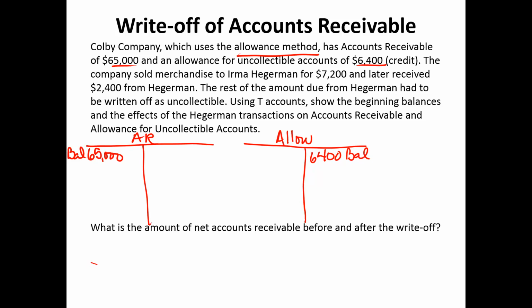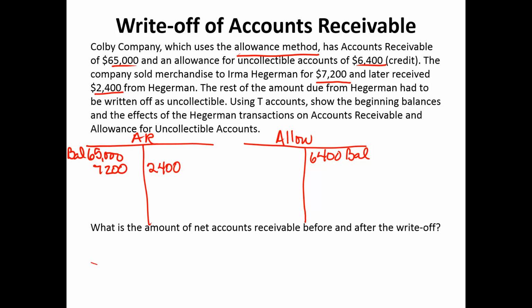We then make a sale to Irma Hegerman for $7,200, and we know when we make a sale we're going to debit accounts receivable $7,200 and credit sales. And then we later received $2,400 from Hegerman, which means we're going to debit cash and credit accounts receivable, $2,400.